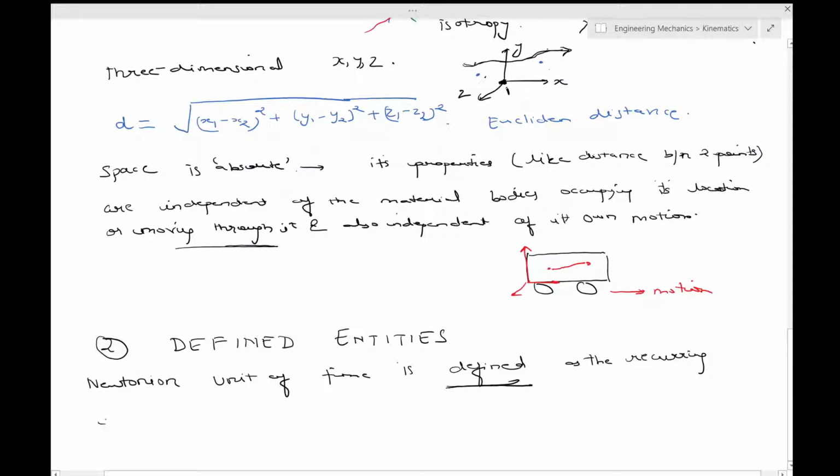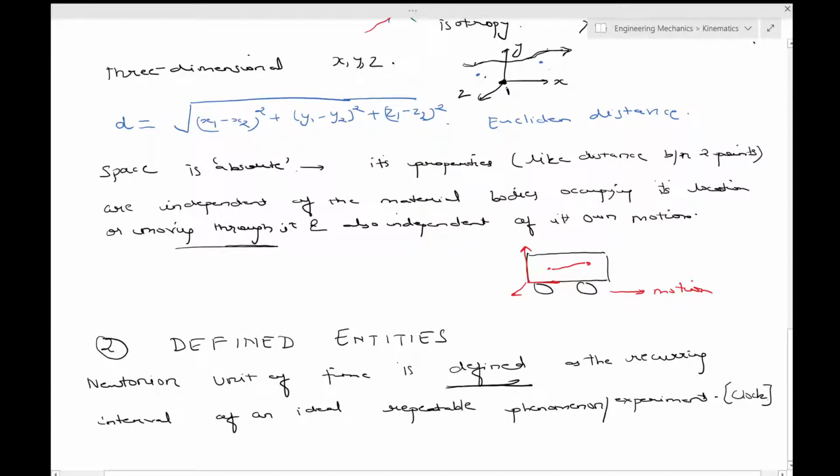recurring interval of an ideal repeatable phenomenon or an experiment. We can also call it a clock.